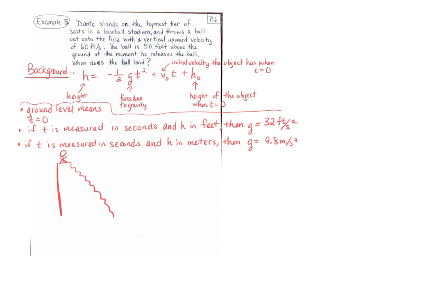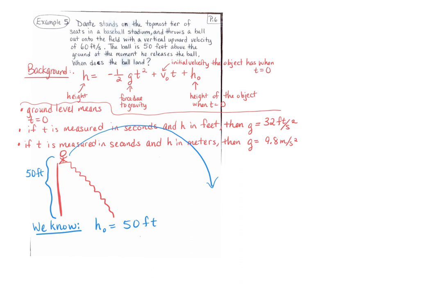Dante decides to throw a ball like so. And then we know that from the moment he releases the ball to the bottom, that height is 50 feet. Okay, so what do we know? We know that our h naught is equal to 50 feet.